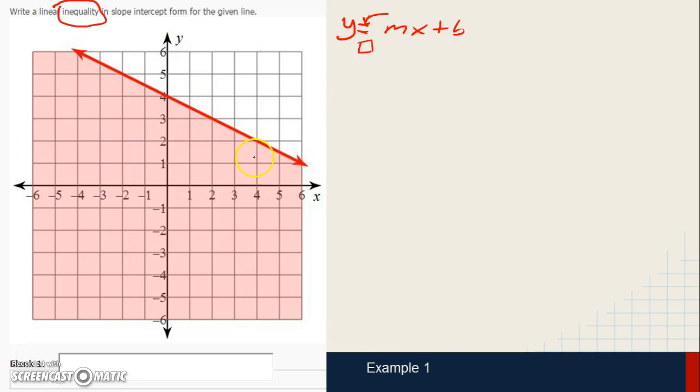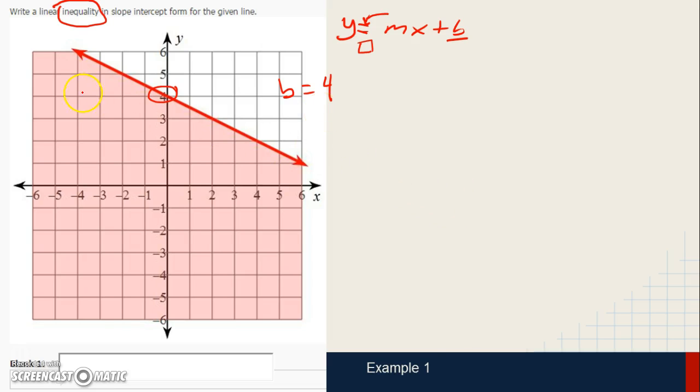So here we're given a line, just like in the old example, and the first thing that we have to do is figure out what the y-intercept is. The process remains the same. You look at the y-axis, and you go down until you see where the line crosses. So here it crosses again at 4, so we know that our y-intercept is 4.